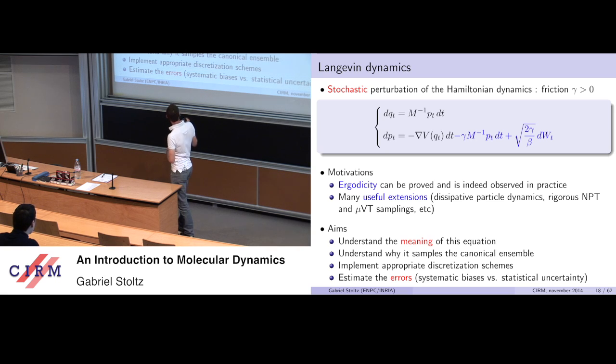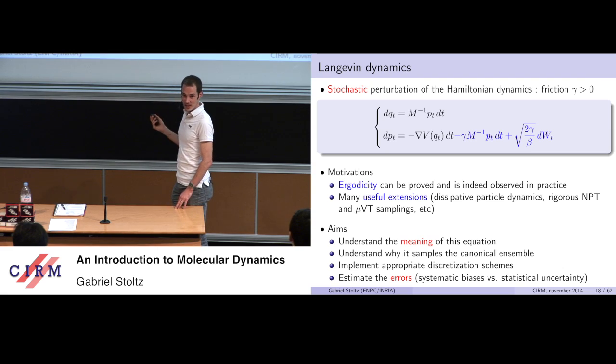So there is a balance between the friction and the fluctuation which is encoded in the term in front of the fluctuating Brownian motion, the square root of 2 gamma over beta. It's not clear at all why it should be square root of 2 gamma over beta and not, say, gamma squared over beta or whatever. One of the aims today will be to motivate why this really should be square root of 2 gamma over beta here.